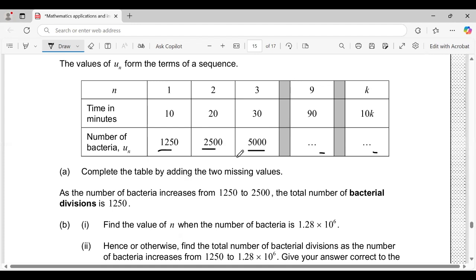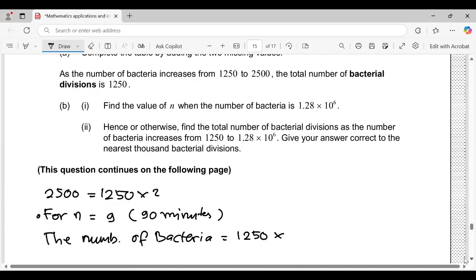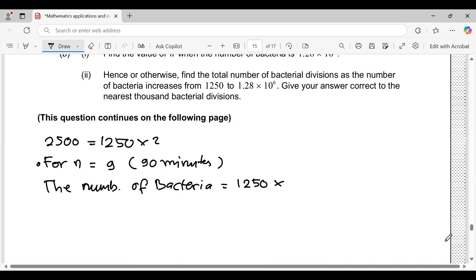So for n equals 9 it is 2 to the power 8, because n minus 1.